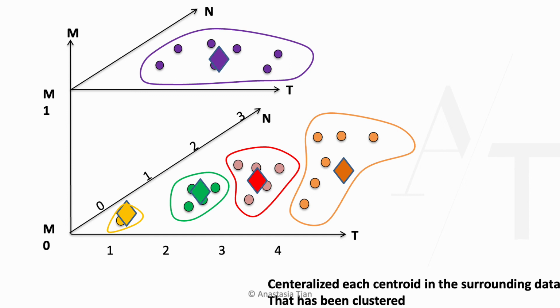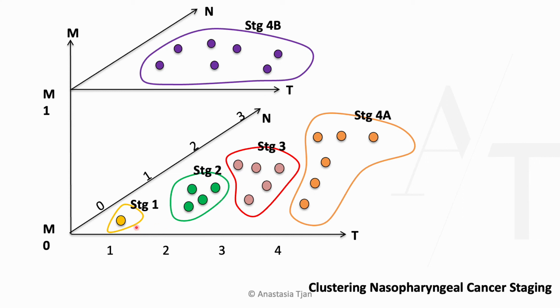Finally, after several clusterings and reclusterings, we can see that 5 clusters have been made. T1 N0 without metastasis is clustered as stage 1. T1 or T2, N0 or N1, M0 is stage 2.